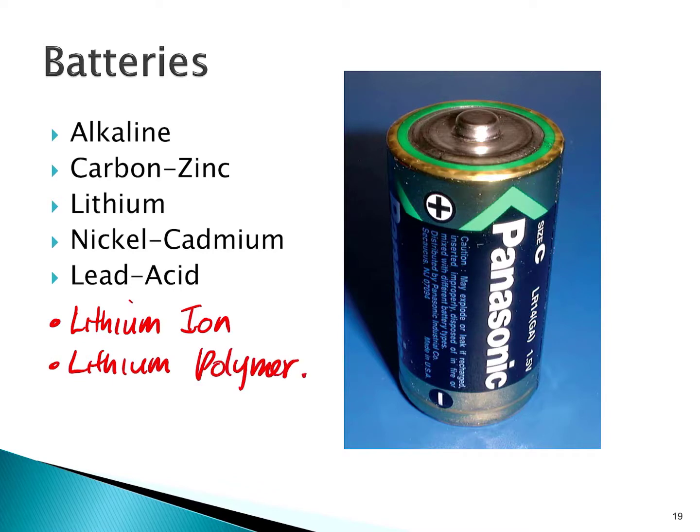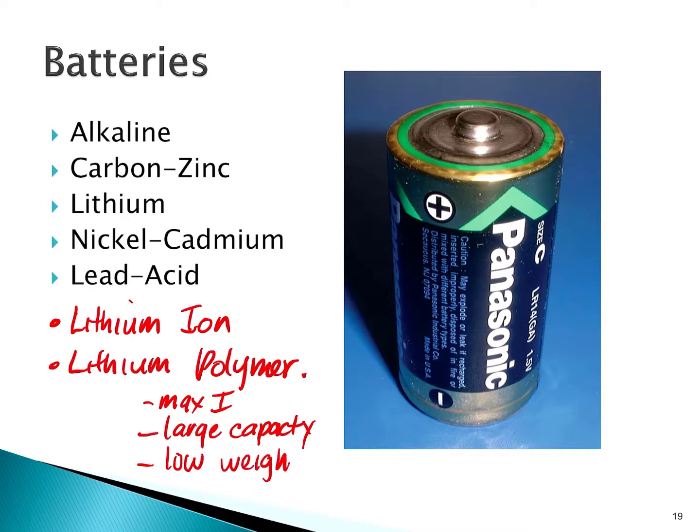And it's the LiPo, or the lithium polymer battery, that has allowed huge maximum currents and large capacities. So when I say capacities, able to store a lot of charge to be delivered to a load, but also provide maximum current, and to have low weights, so they don't weigh very much.